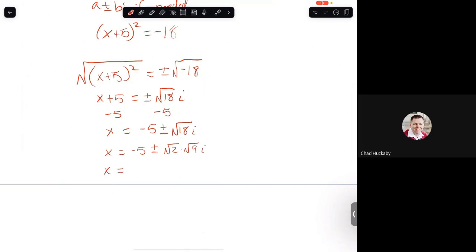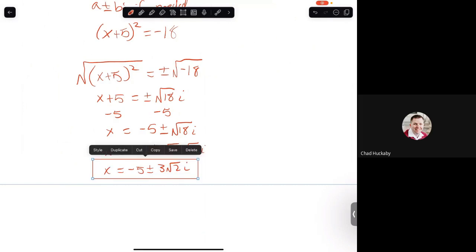Because 9 is a perfect square, we can rewrite that as negative 5 plus or minus 3 times the square root of 2 times i. And that is your fully simplified form. Questions about this one?